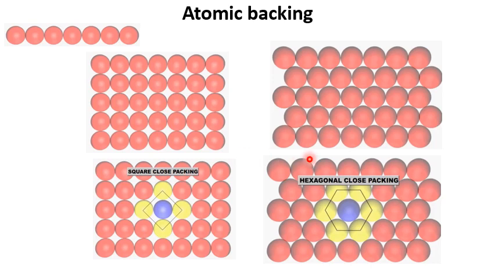On the other hand, which is more energetically favored, the second row of atoms goes in the depression of the first row, and the third one goes in the depression of the second row, and so on.